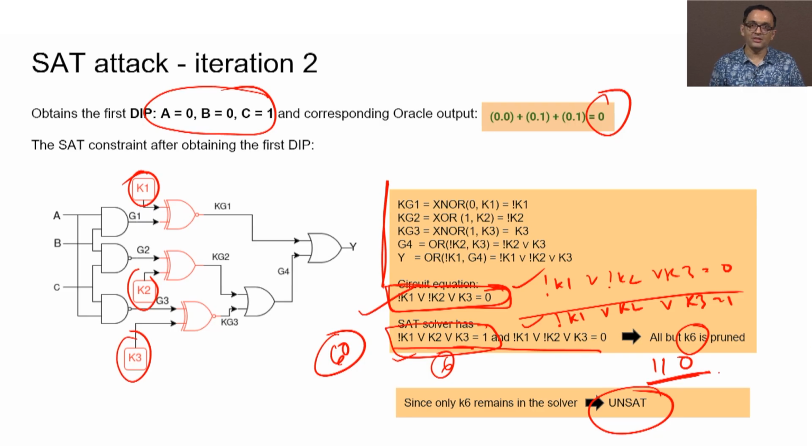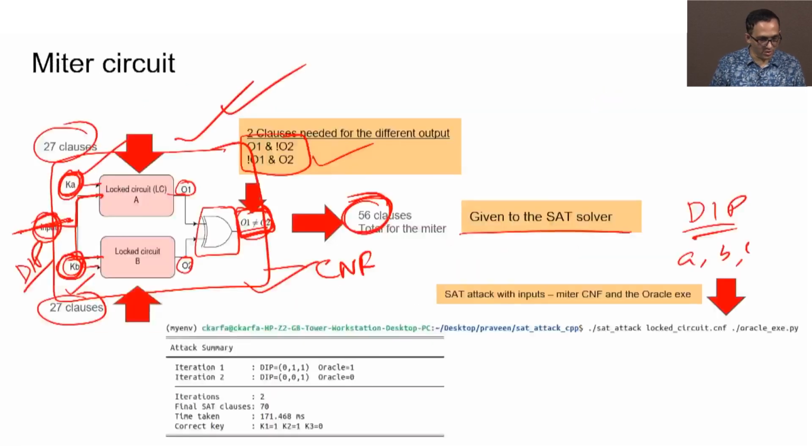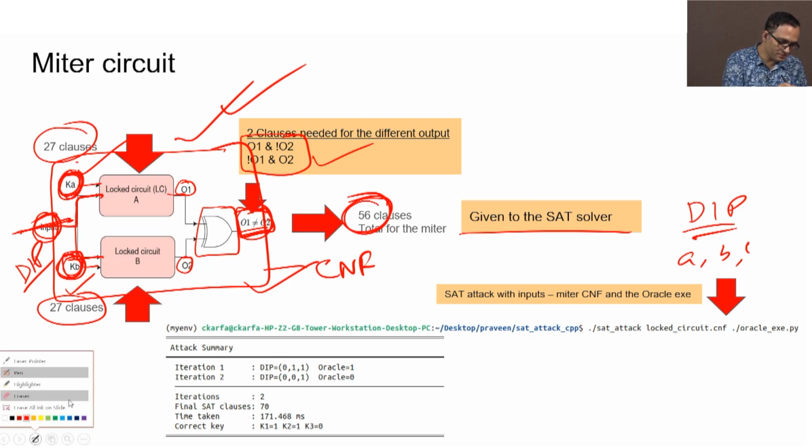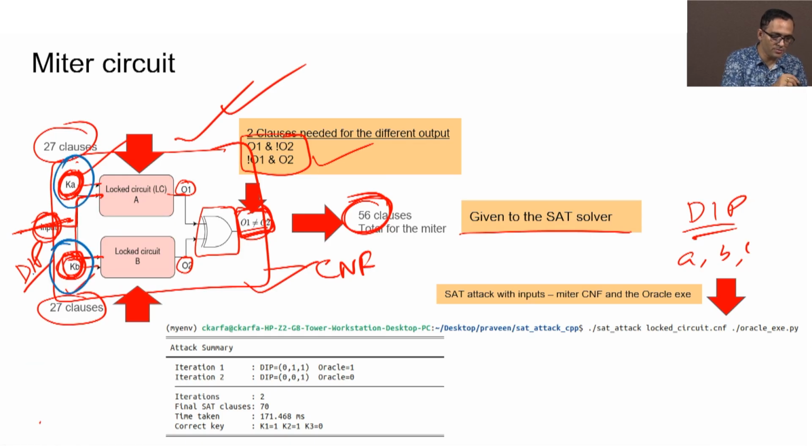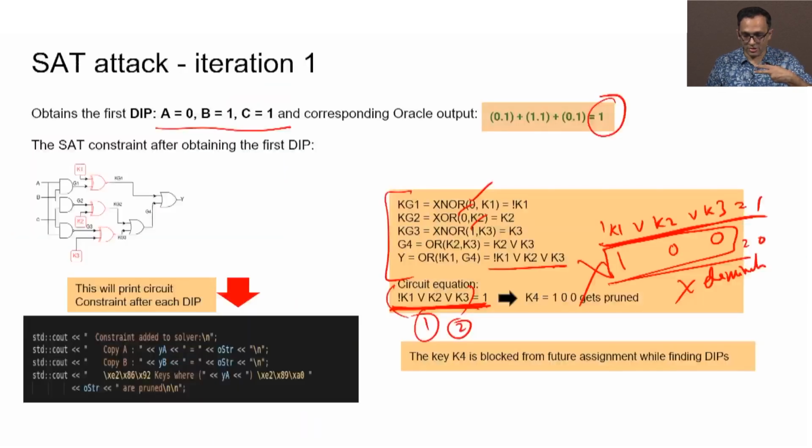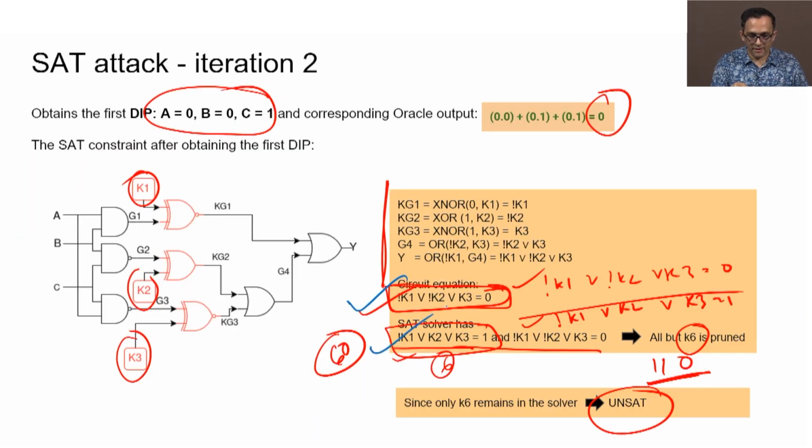Since in my formulation I want 2 different values of keys, K1 and K2, and because only 1 is left, this original formulation cannot be true under the additional constraints, because I have added 2 different constraints now. So it will say no, there does not exist any input for which there are 2 values of keys left for which the output is different.